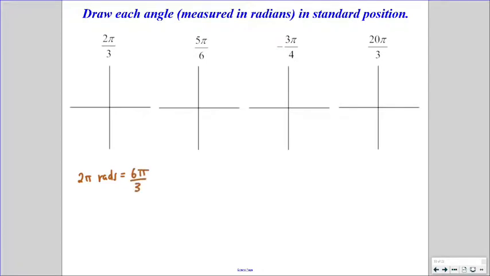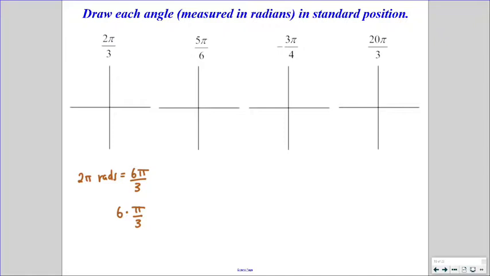All right, so 2 pi unsimplified is 6 pi over 3. I'm picking this number because it has the same denominator as 2 pi over 3, the angle that we're actually trying to draw. So 6 pi over 3, I'm going to re-represent as 6 times pi over 3.